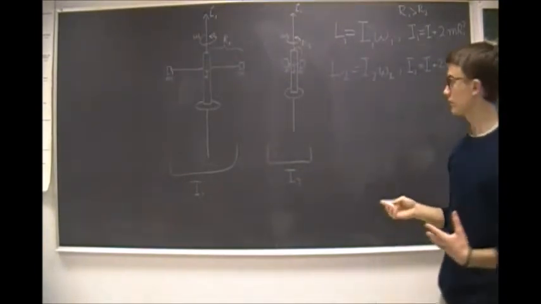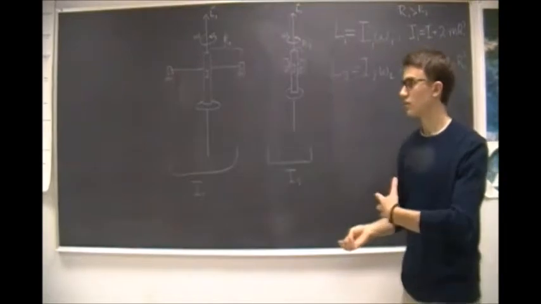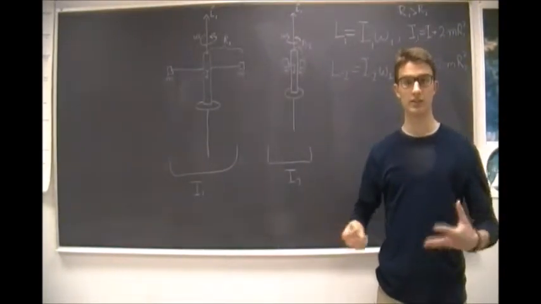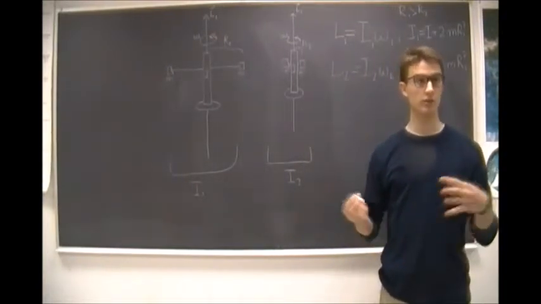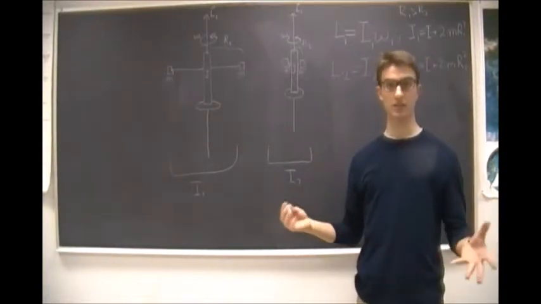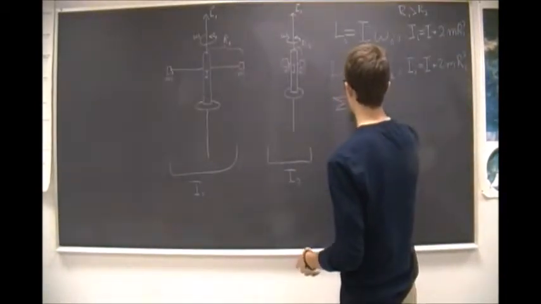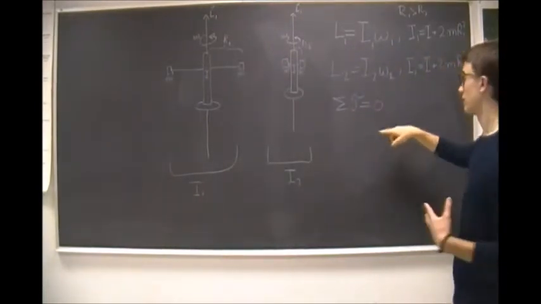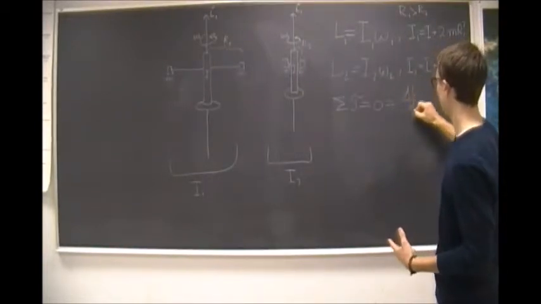Okay, so how did this happen? In this system, the net external torque is 0. Since we are assuming the bar stool is frictionless, there are no other net external torques acting on the system. And now the sum of all torques is equal to the rate of change of angular momentum.